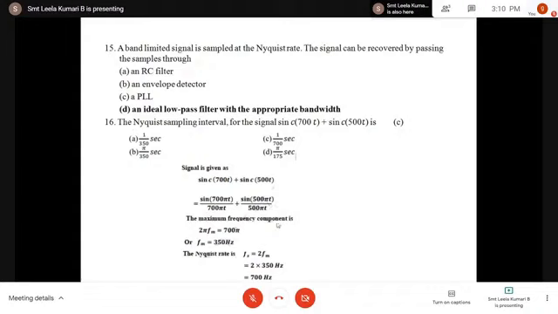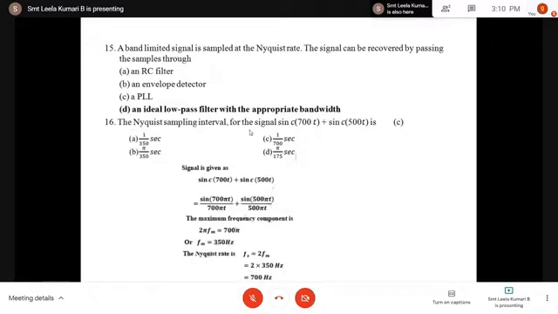So we need to select the one which is maximum because sampling theorem states that Fs should be greater than or equals to 2Fm, where Fm is the maximum frequency of the message signal. So Fm is equals to 350 Hertz. Therefore, the Nyquist rate Fs is equals to 2Fm, which is 2 into 350 Hertz, which is 700 Hertz.